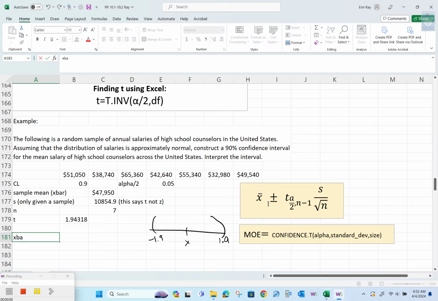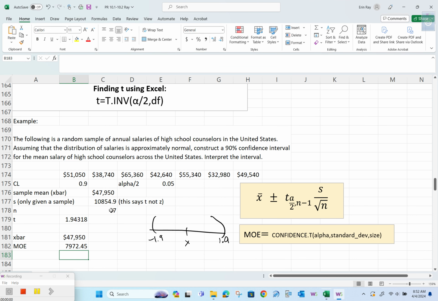X bar and margin of error. X bar we already had up above. I'm just going to go grab it. I like to put them together so we know what values to use to construct our interval. And margin of error is first the t-score, grabbing it, times the standard deviation of the sample, we calculated that one, over the square root of our sample size, n.